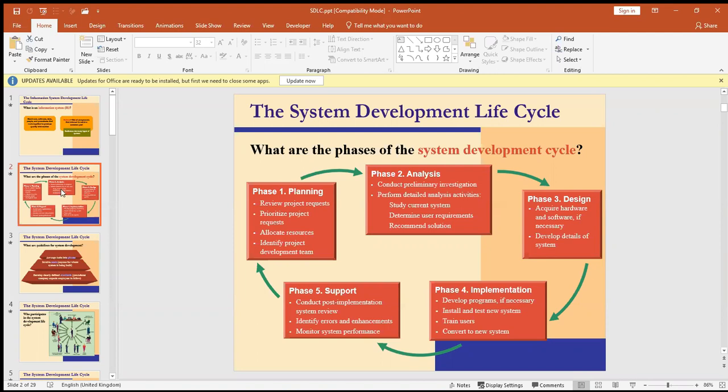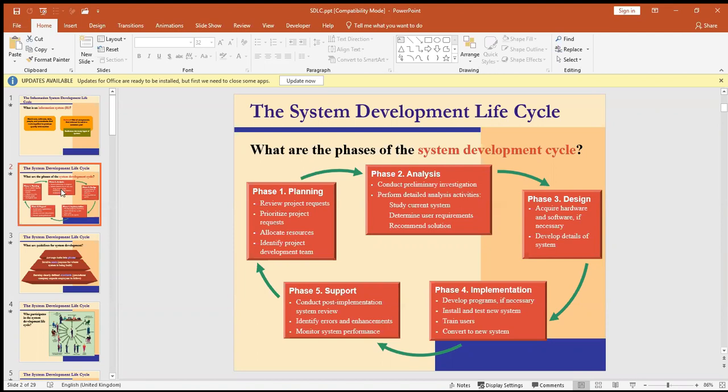Assigning tasks, assigning roles and responsibilities to the different players that are involved in the information systems development. So that is the first phase. Then from there we're talking about analysis.